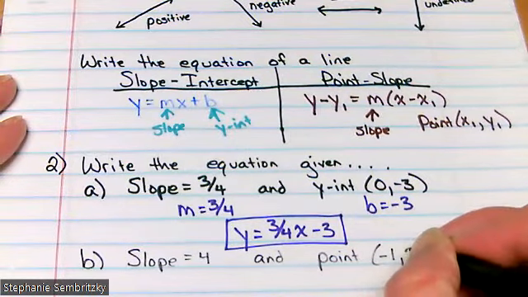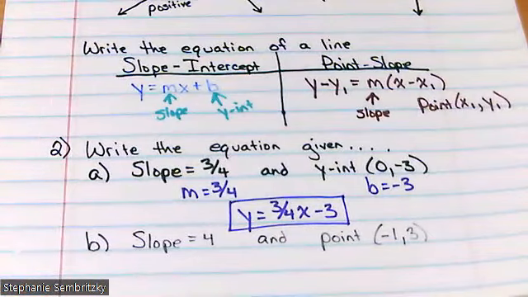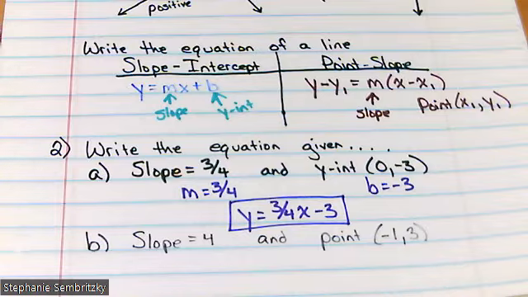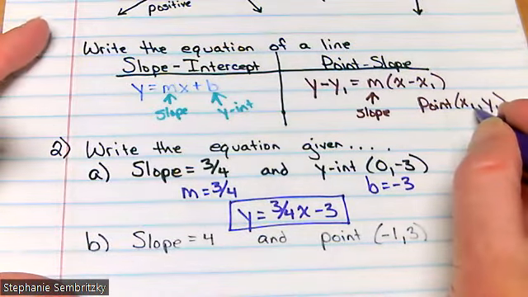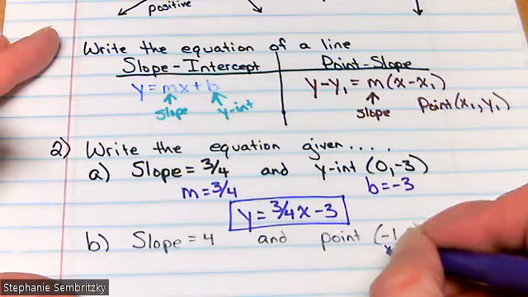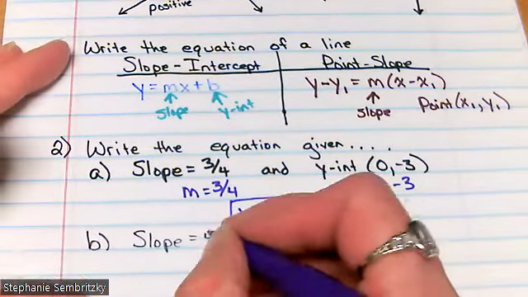Let's say -1, 3. That -1 and 3 are going to go into my equation for x1 and y1. Slope, of course, is going to be my m.